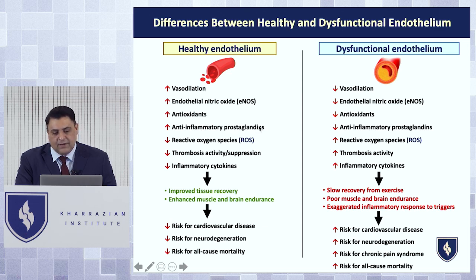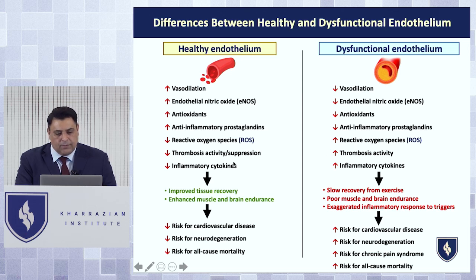And your prostaglandins are going to be largely influenced by your diet. So healthy fats are going to increase your anti-inflammatory prostaglandins, and then unhealthy fats like fried fats and even foods that are high in arachidonic acid can increase these inflammatory prostaglandins. There are fewer reactive oxygen species in healthy, more reactive oxygen species in unhealthy.